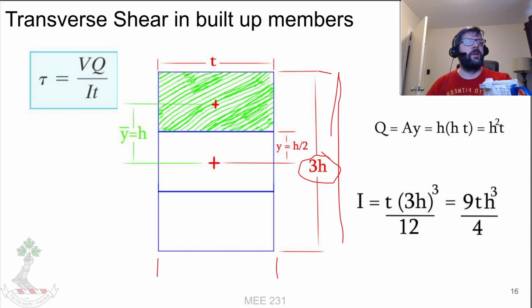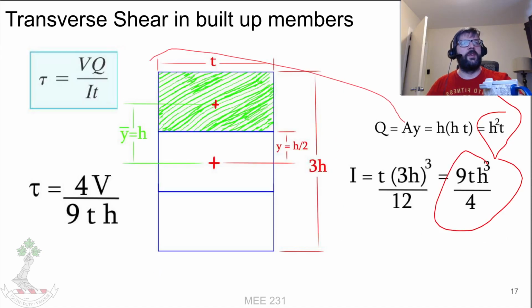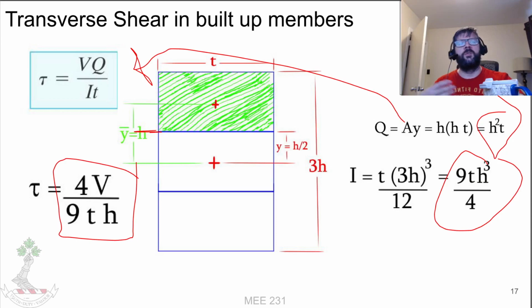So t times (3h) cubed over 12 gives us 9 h cubed t over 4. Then we take those two and plug them into this equation, some stuff cancels out, and that gives us a stress at this point of 4V over 9ht.